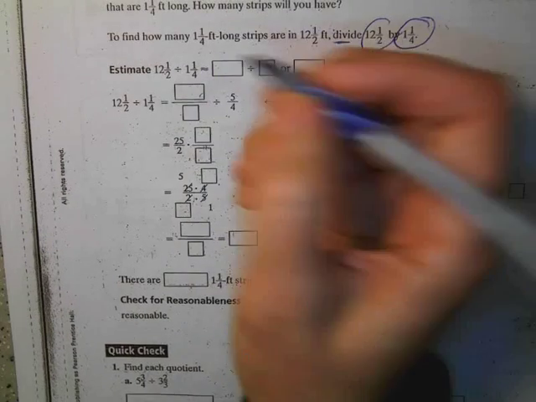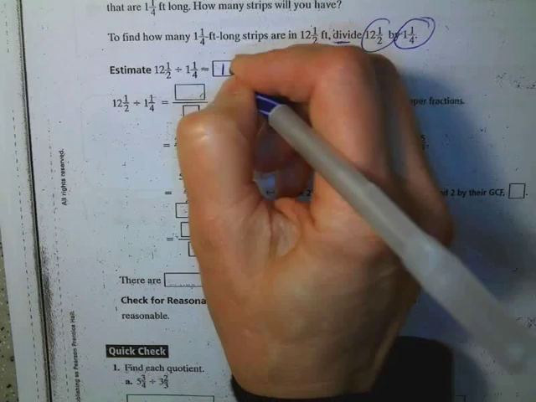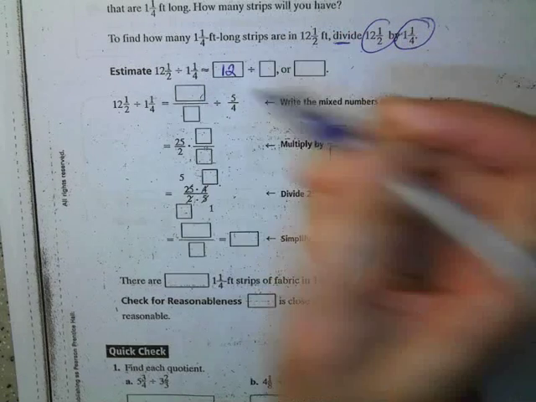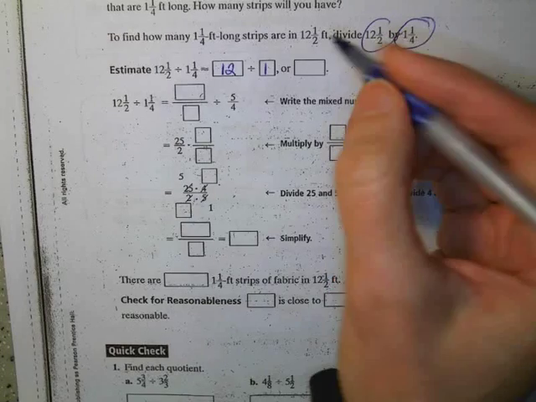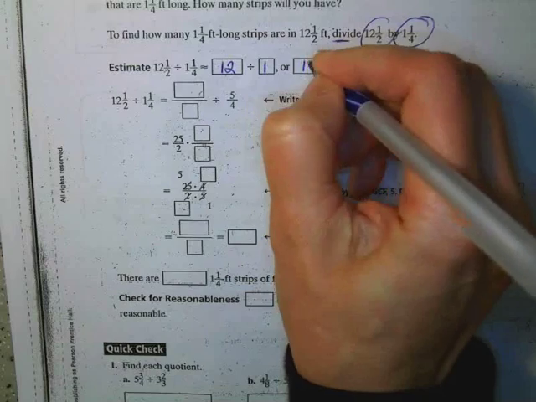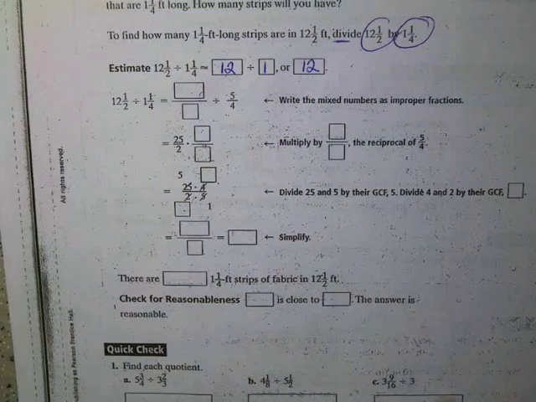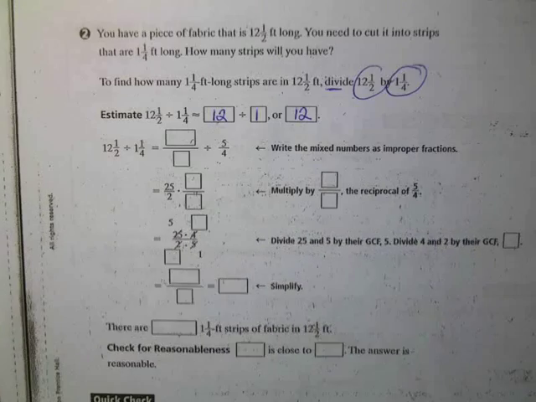First off, we're going to estimate. 12.5 is about 12, and 1 1/4, round that to 1. You could also make this 13. So this gives us about 12 or 13, depending what you choose.